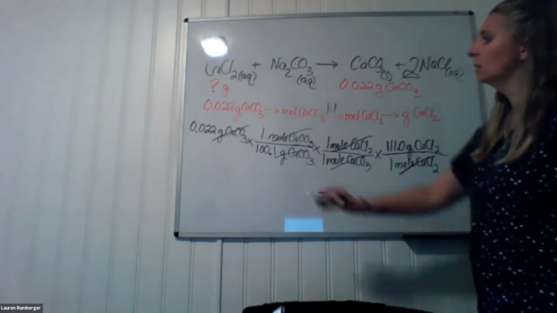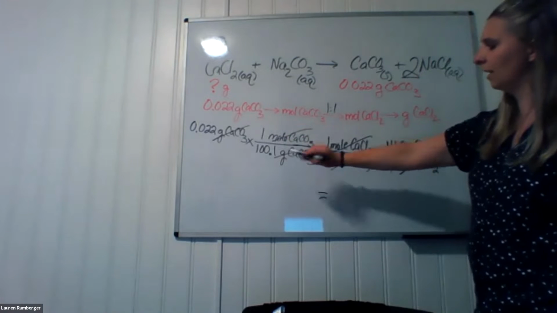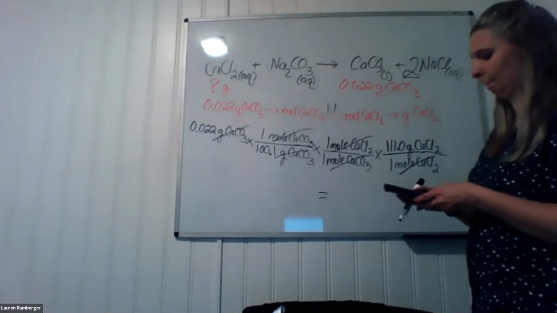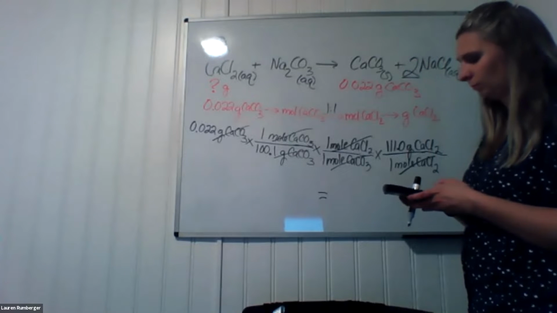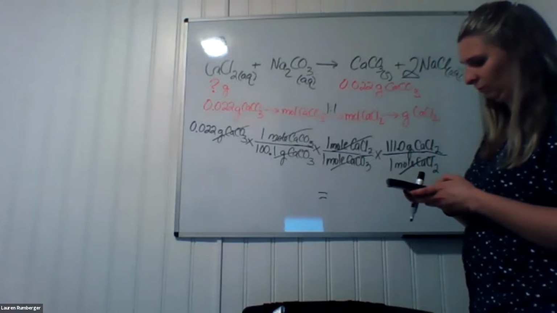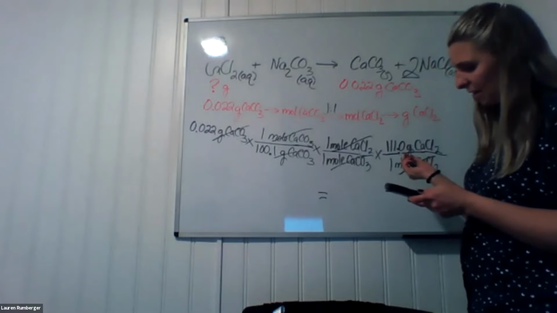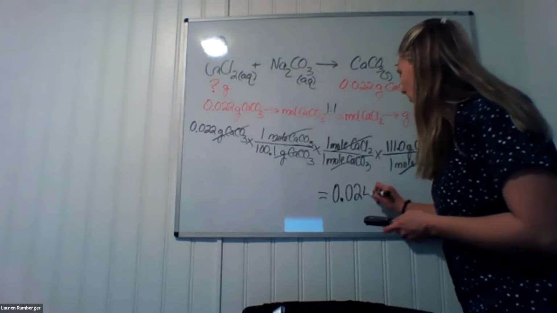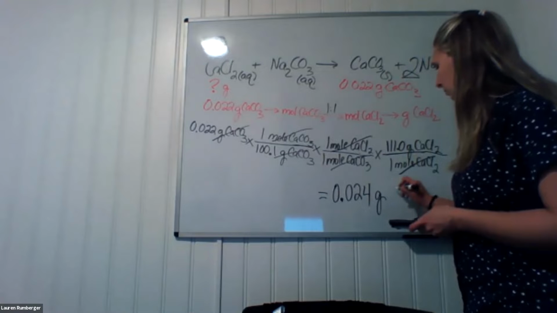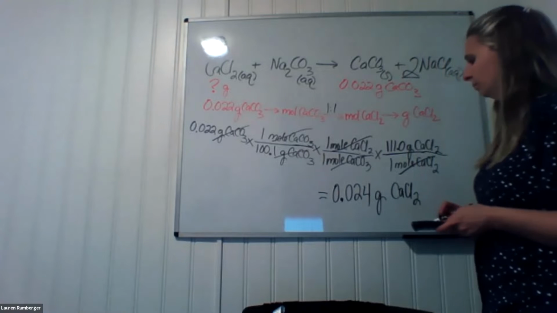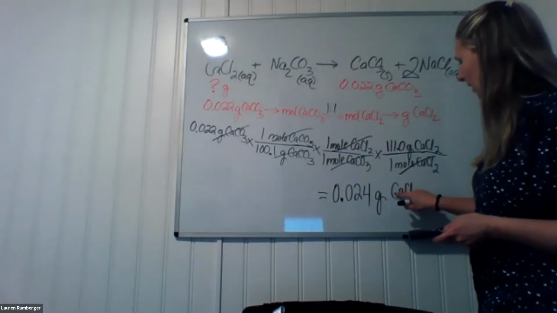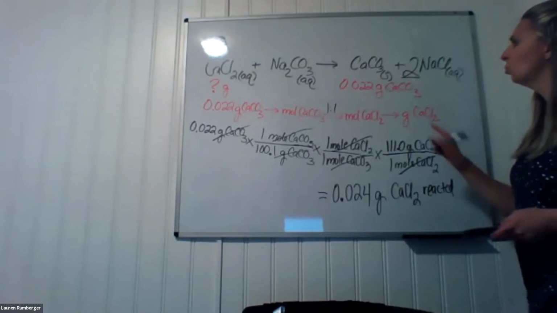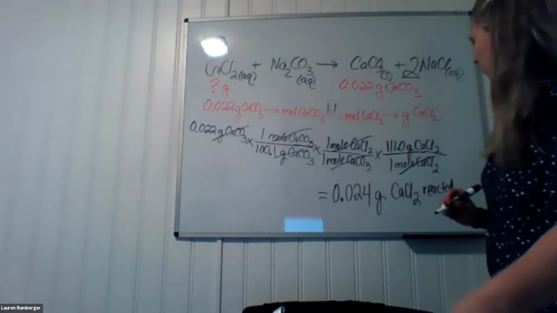And then we solve. 0.022 divided by 100.1 times 111. What I am getting in my calculation is 0.024 grams of calcium chloride. That's the amount of calcium chloride that would be reacted to form the calcium carbonate.